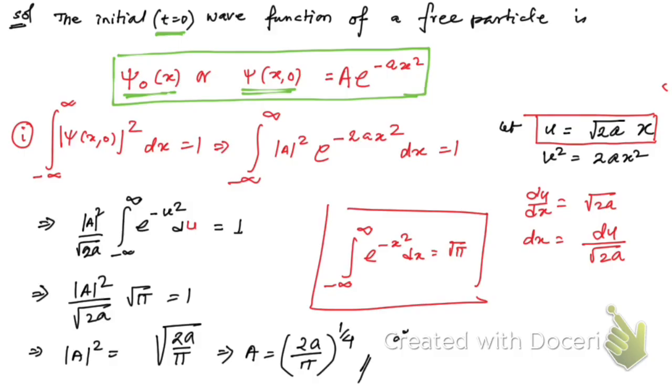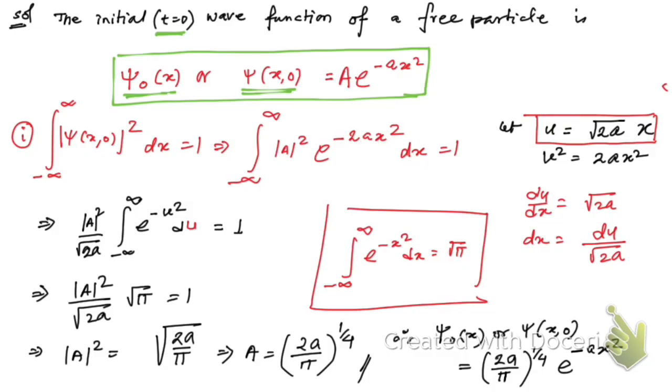Therefore psi of x comma 0 is equal to 2a by pi whole to the power 1 by 4, then e to the power minus ax square.